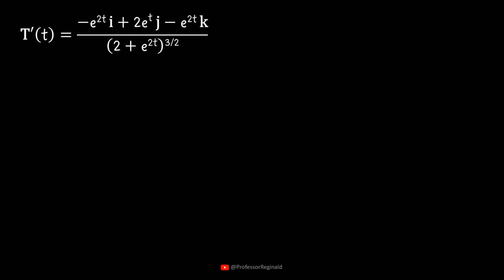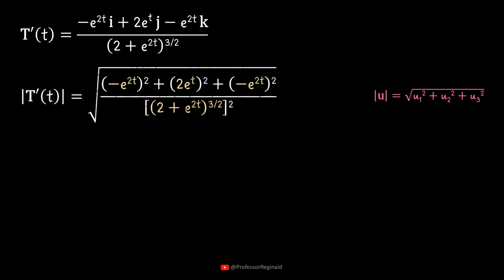Afterwards, find the norm of the derivative of the unit tangent vector using the formula for the norm of a vector. We can write the norm in this way because the components all have the same denominator. Simplify the numerator and the denominator using property of exponents.